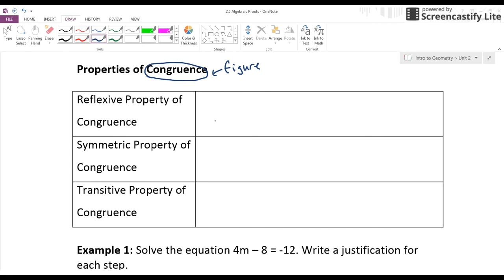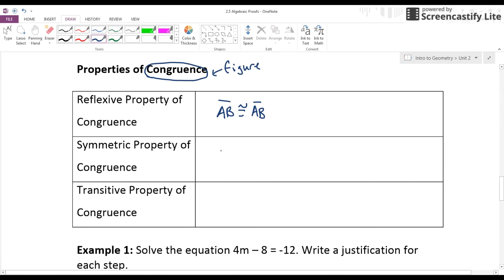You equal yourself. Now we're saying in our congruence property, for example, segment AB is going to be the same size and shape as itself, segment AB. So we're not looking at numbers here, but we're saying I could overlap this segment and it would match itself completely.